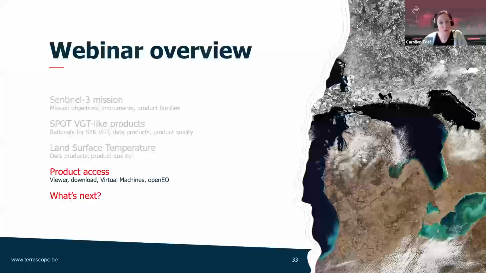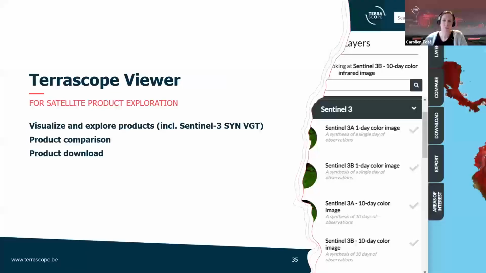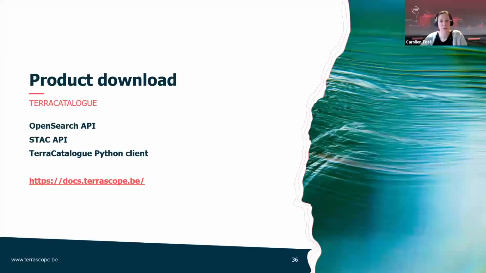So next section is on product access. One of the first points of access would be the Terrascope viewer. It can be used for product exploration. You can visualize, for example, the Sentinel-3 VG1 and V10 products. You can also use some tools to compare products and also download products. For product download, you can use the Terra catalog.